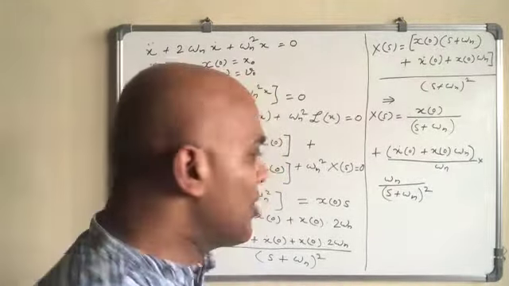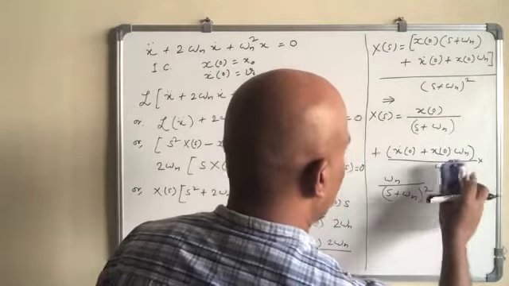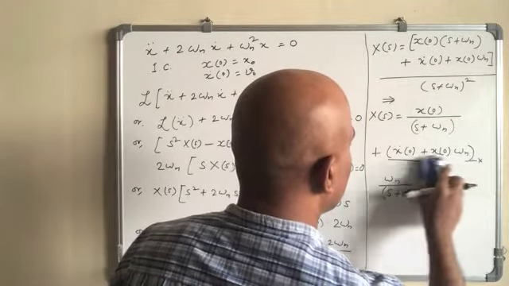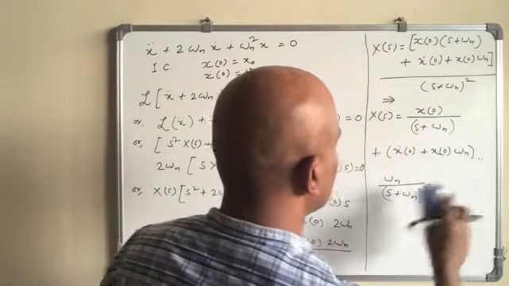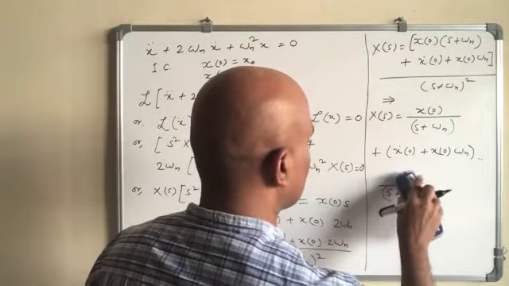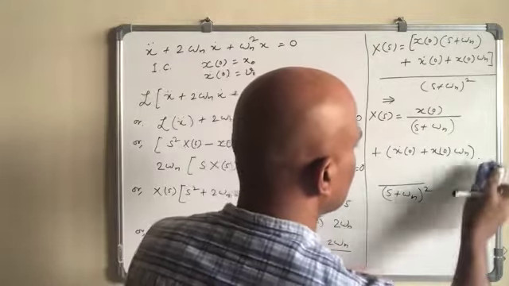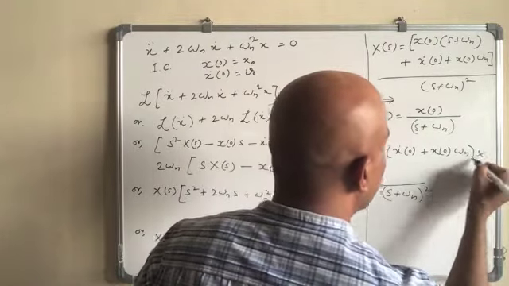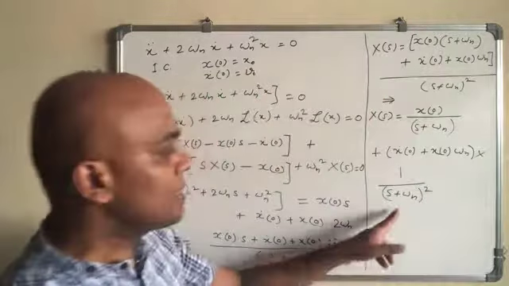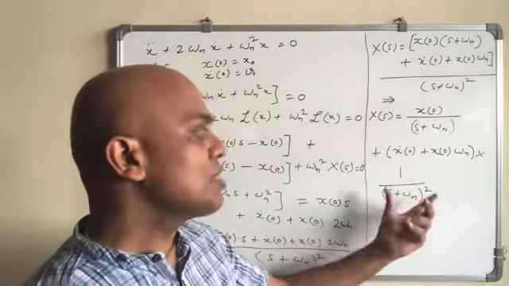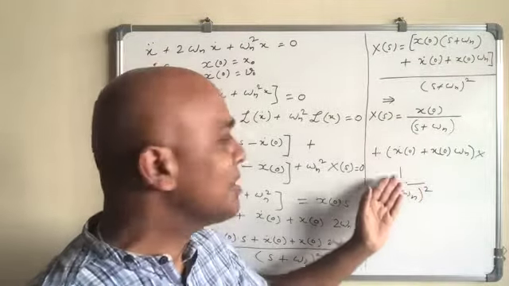Actually, we don't need to divide by omega_n and multiply here, so this is fine. So we have 1 over (s plus omega_n) squared itself. If we invert, we will get a function.